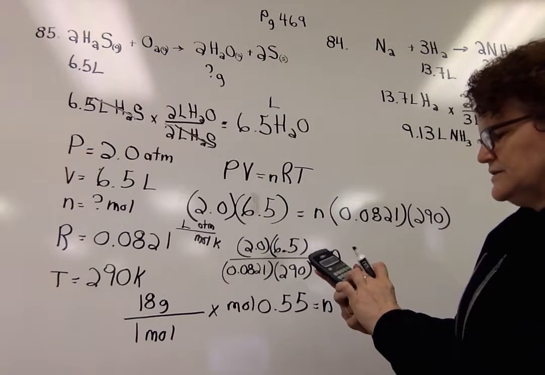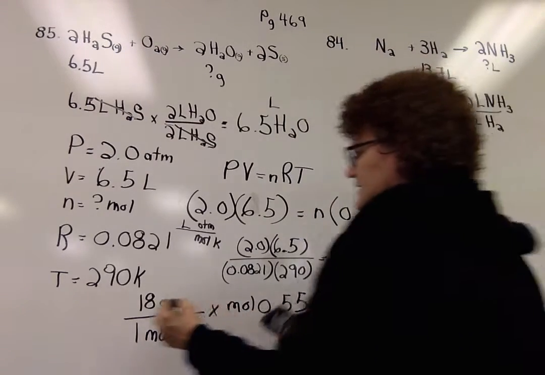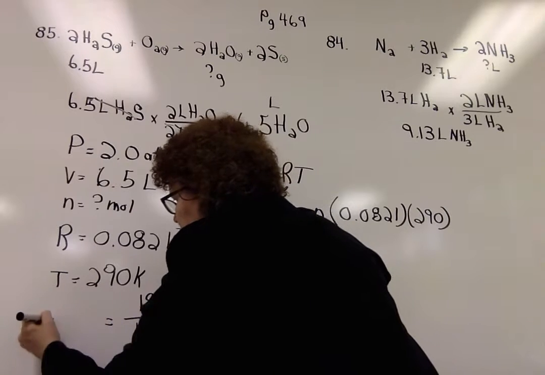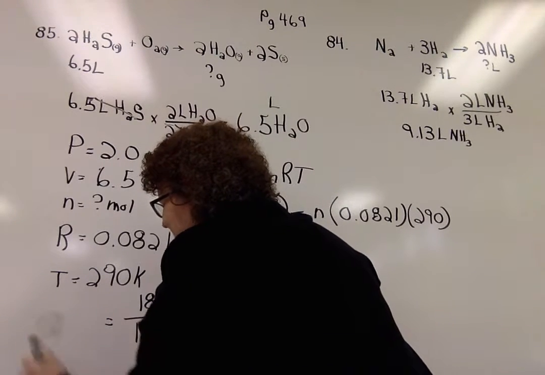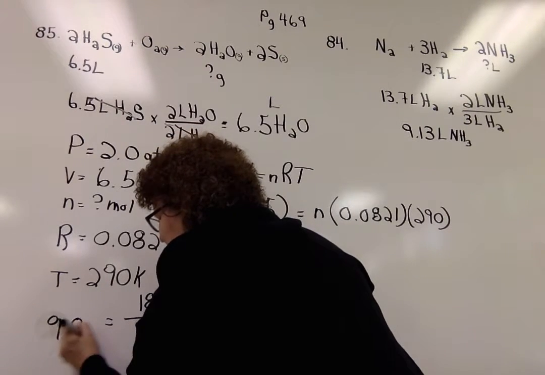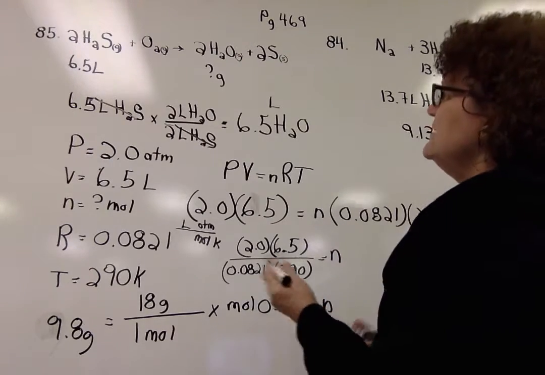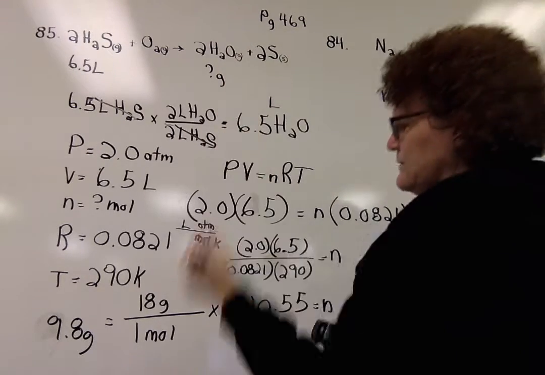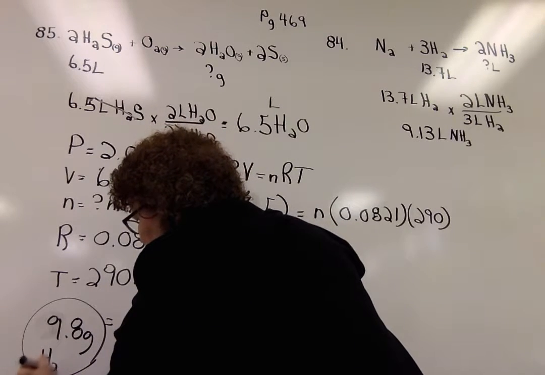And so that number times 18 is going to give us 9.8 grams. 2 sig figs, I think, is what we're stuck with. So 9.8 grams of H2O.